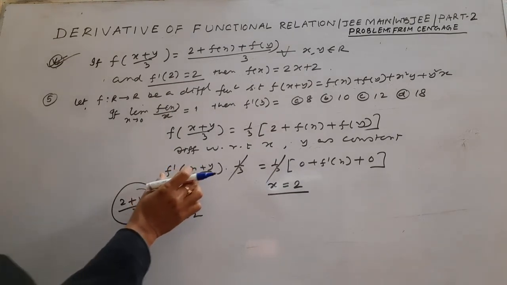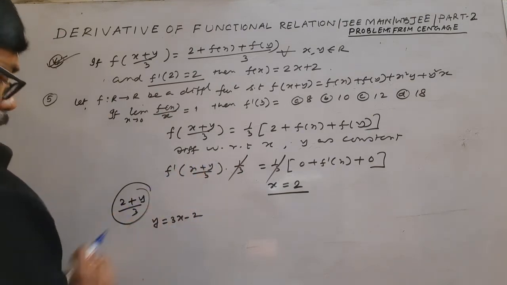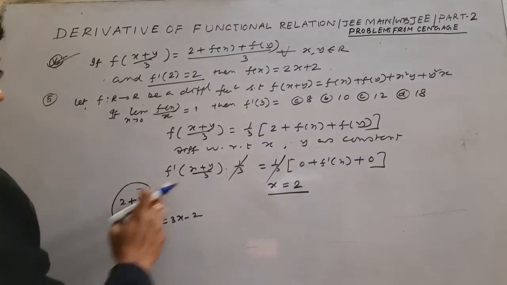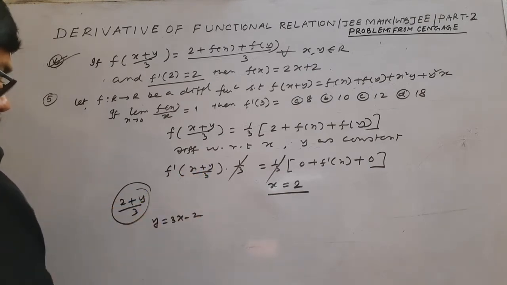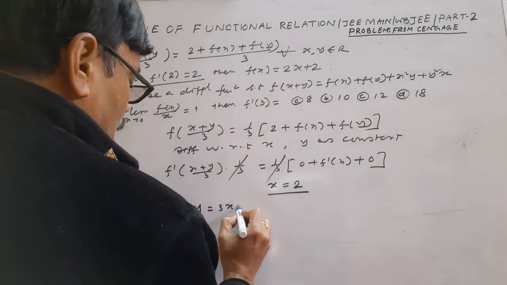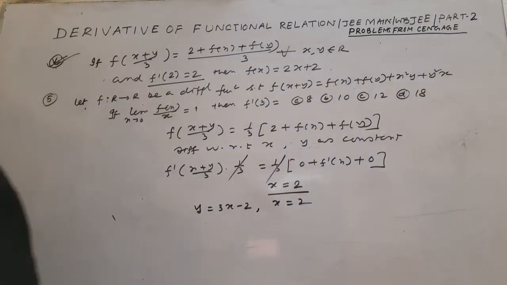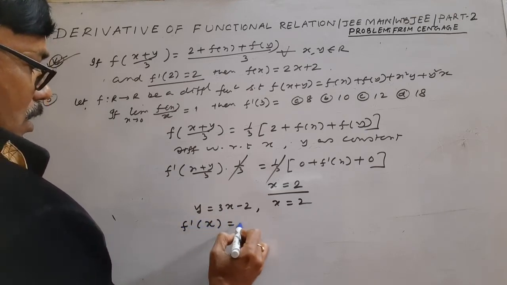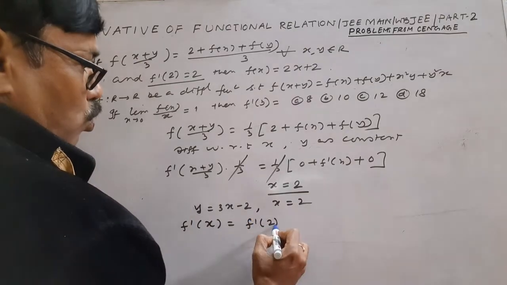So we want to get here f'(x) or f'(y), a single argument. So obviously you have to put x equals 2. Now 2 plus y will be f'(y). So putting y equals 3x minus 2 and x equals 2, what is (x + y)? 3x by 3. So we are getting f'(x), so the 2 cancels, f'(x) equals f'(2).